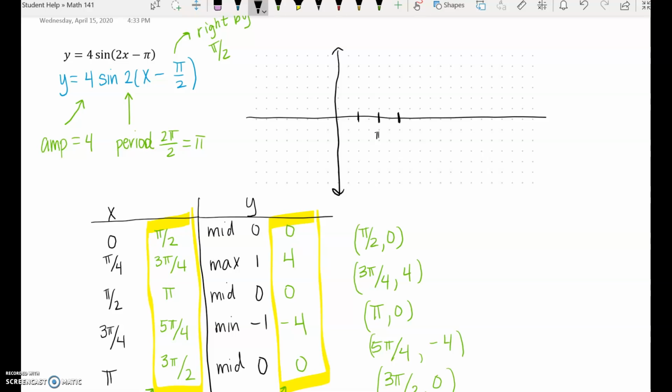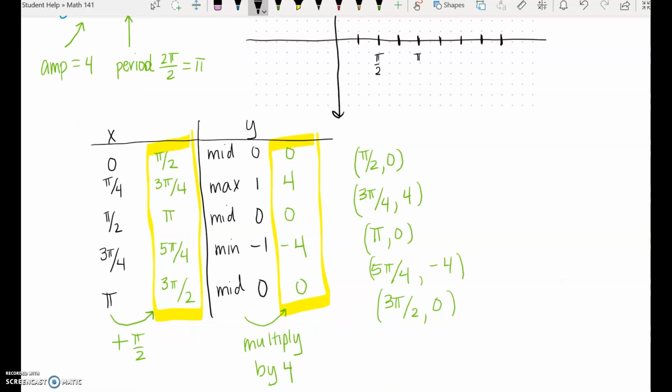So this is pi over 2. 4/4, which is pi. 5, 6, 7, 8. We need to go to 3 pi over 2, which is the same as 6 pi over 4, right? So we need to go here. This is 3 pi over 2.